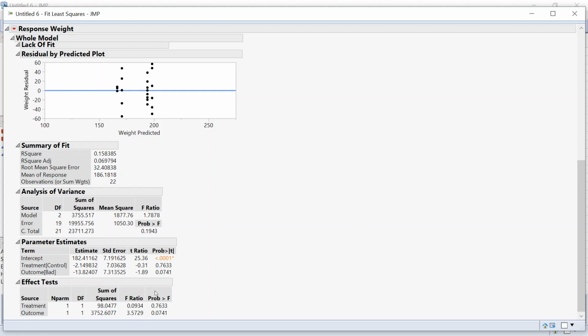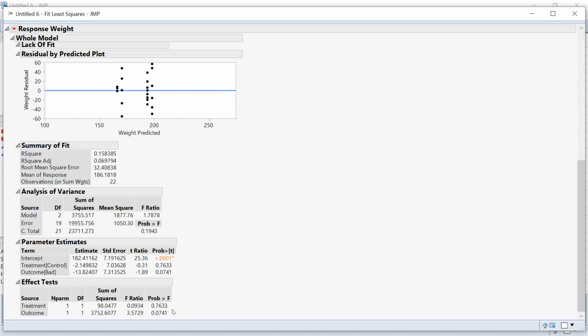Now you might notice that this is 0.07, so it's kind of close to 0.05. It's almost significant. And that's true, and that's something you might want to consider when interpreting your results, that maybe there actually was a significant effect that you weren't able to detect. Well, maybe there wasn't a biologically real effect that you weren't able to detect because perhaps your sample sizes were too small.